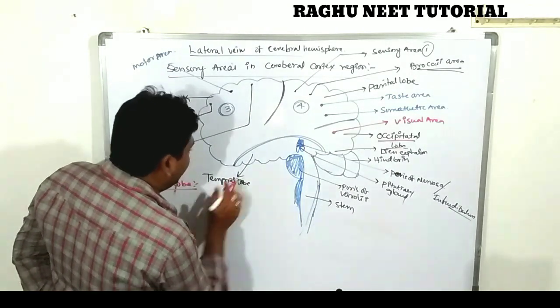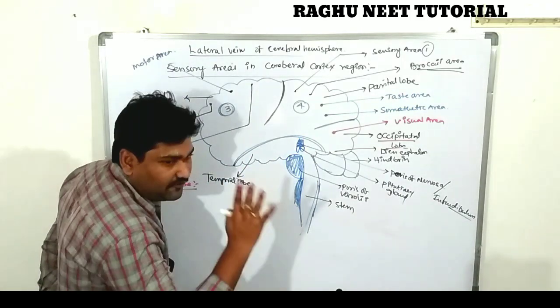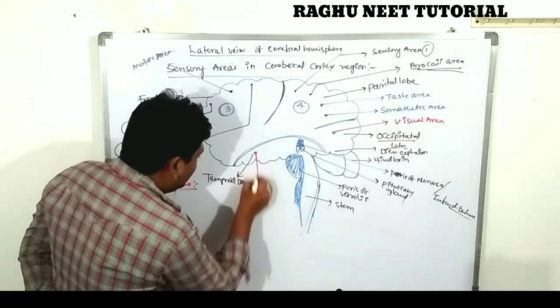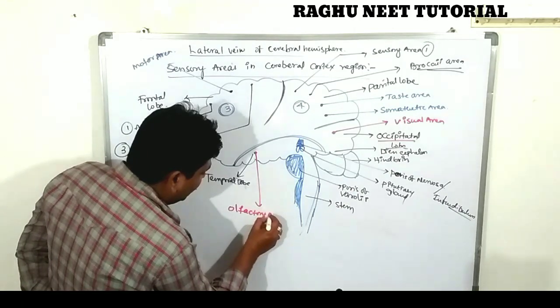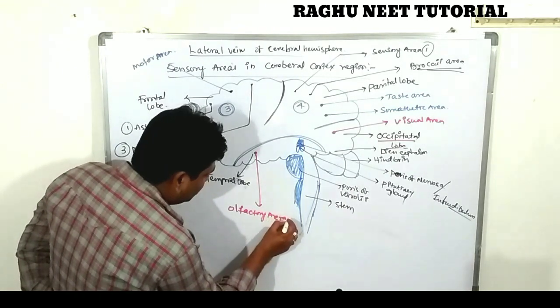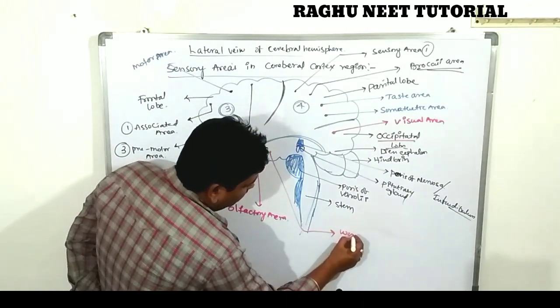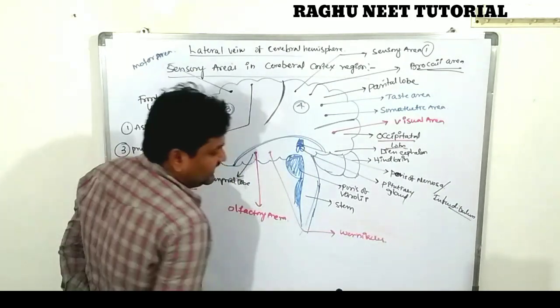Next, the fourth one, the temporal lobe. The temporal lobe contains 4 different types of sensory areas. First one is the olfactory area. The second one is Wernicke's area.